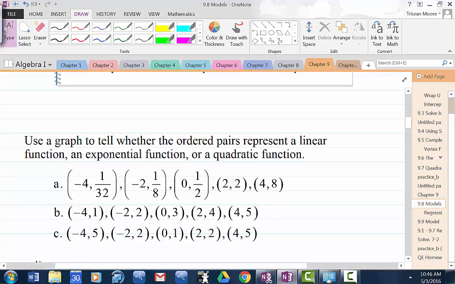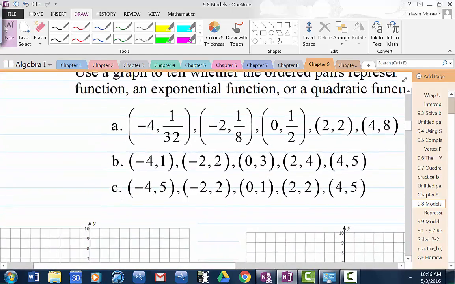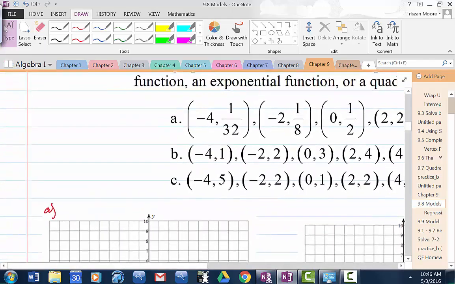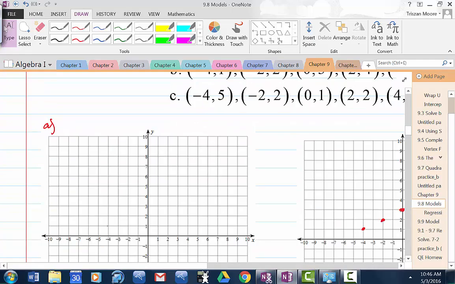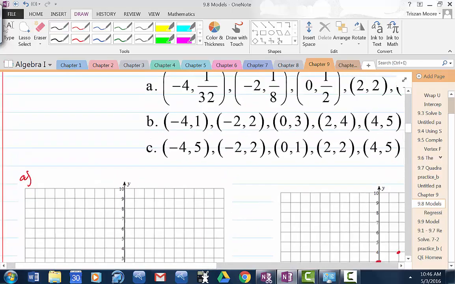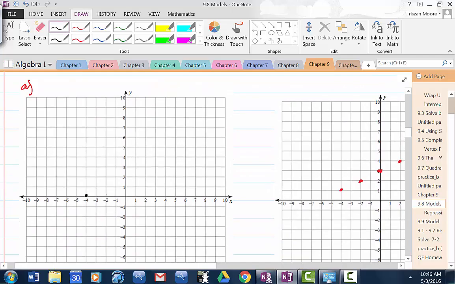I'm going to do the first one for you. If I plot those points, say for example the first point that I plot is negative 4, 1/32. Somewhere down there, it's something very, very small. Right? Negative 2, 1/8.